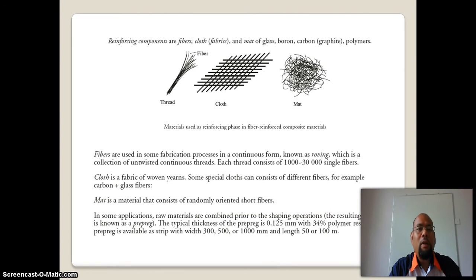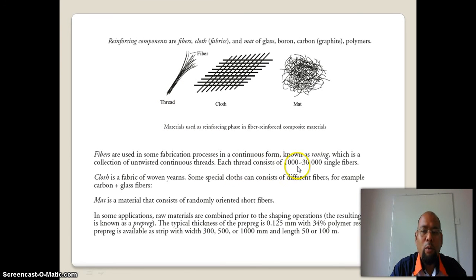The types of reinforcing components, the fabric or the fibers, normally come in three forms. We have thread, cloth type, and also mat. Loose fibers are used in some fabrication processes in a continuous form known as roving, which is a collection of untwisted continuous thread.